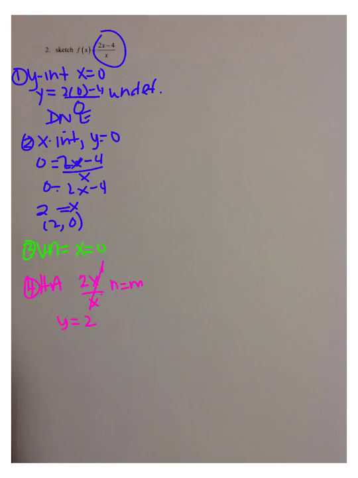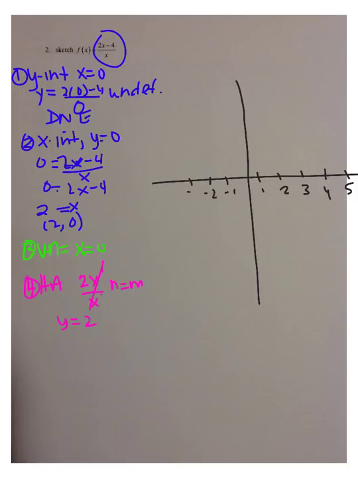All right, so let's see what we have so far with our graph. All right, so I have 1, 2, 3, 4, 5, -1, -2, -3, -4, -5 on the x-axis, and 1, 2, 3, 4, 5, -1, -2, -3, -4, -5 on the y-axis.